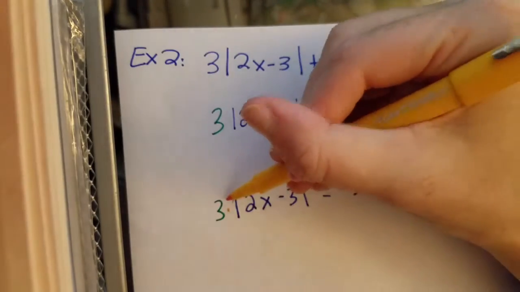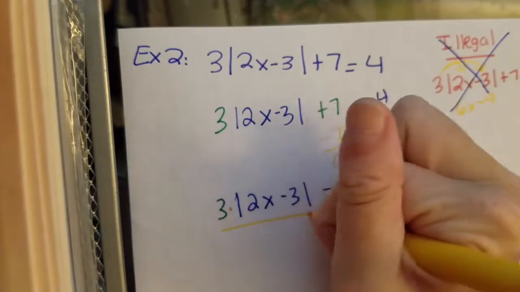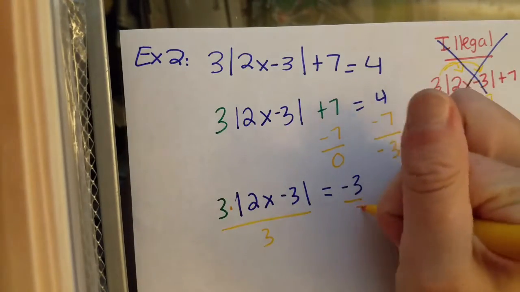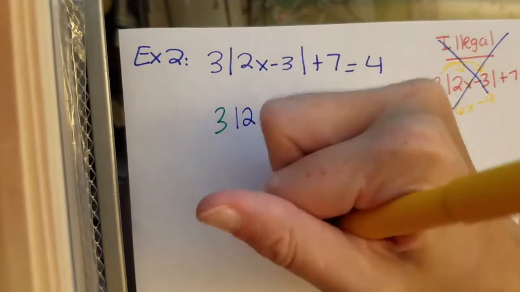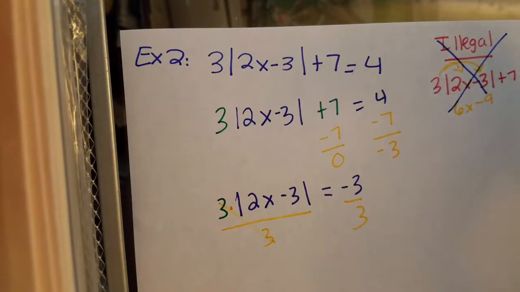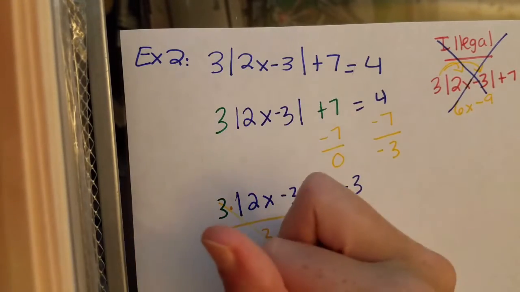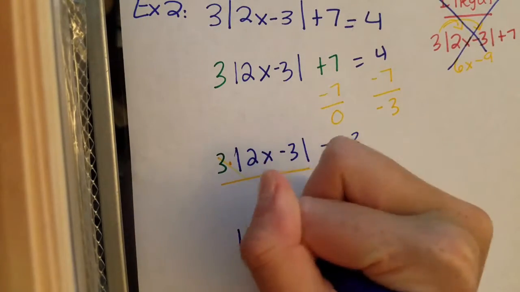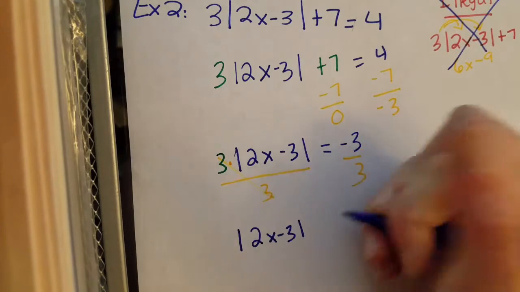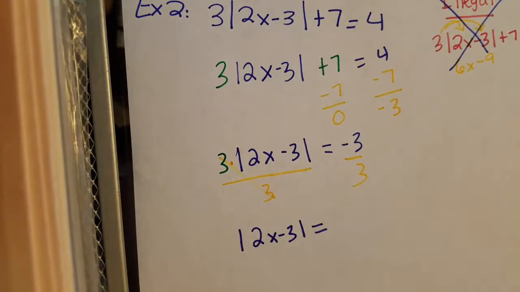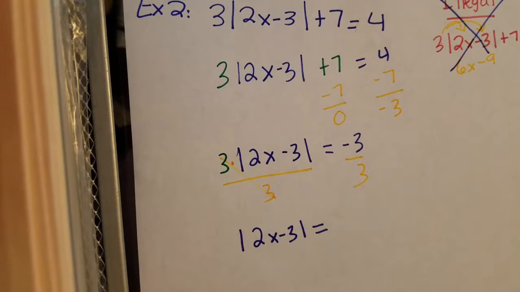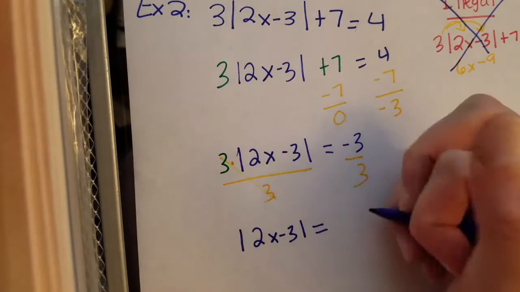The way that we move something that's multiplying to the other side is to divide it on both sides. So the 3's will cancel out and turn to 1 on this side, and we are left with the absolute value of 2x minus 3 equals, and on this side, negative 3 divided by 3 equals negative 1.